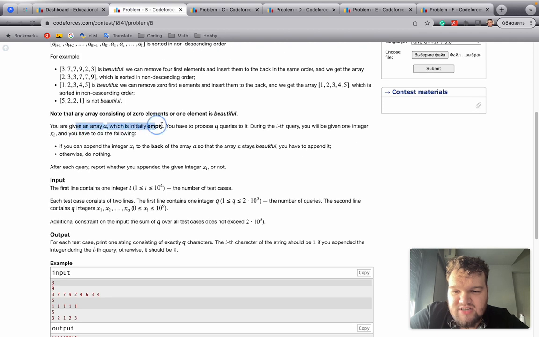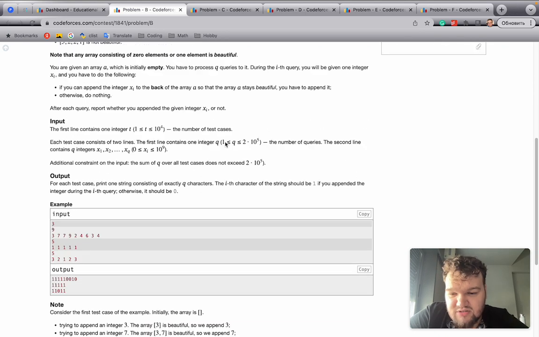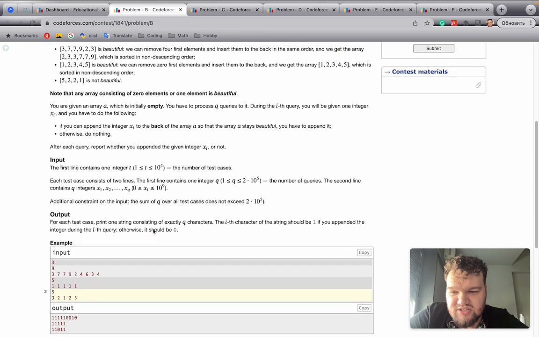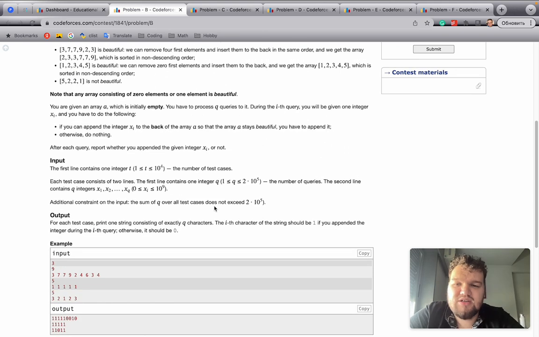So we start with an empty array. Process Q queries. In each query we are given an integer. If we can push back that element so that the array stays beautiful, we do that, otherwise we don't, and we have to print whether we did or did not. So while the array is sorted, it is beautiful.